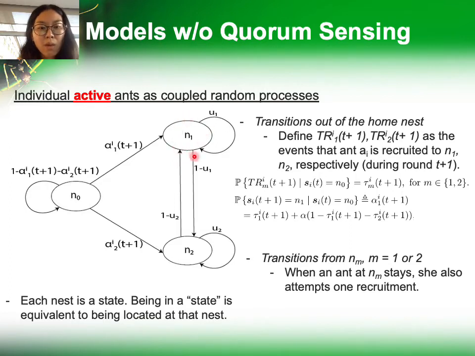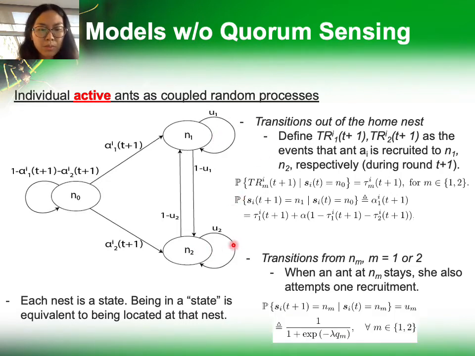Because N1 in our model has a higher quality than N2, U1 is higher than U2. This shows the probability of this action, and this other action is just 1 minus this probability. This makes sense because the better quality a nest has, the more likely that an ant will keep recruiting to it and stay committed to this nest herself.